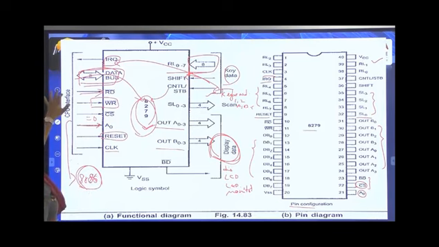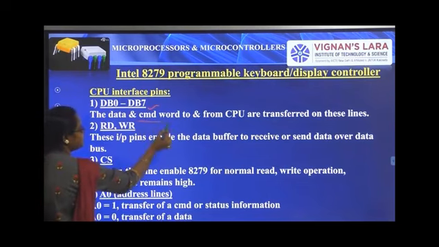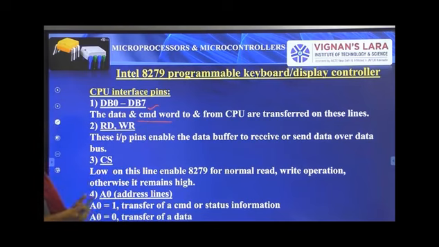And these are the CPU interfacing pins, DB0 to DB7. The data and the command word to and from the CPU are transferred on these lines. Read bar and write bar are input pins that enable the data buffer to receive or send data on the data bus.